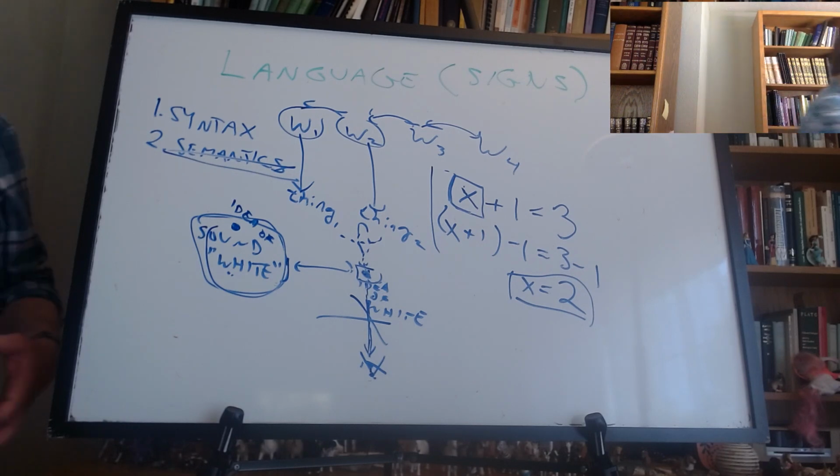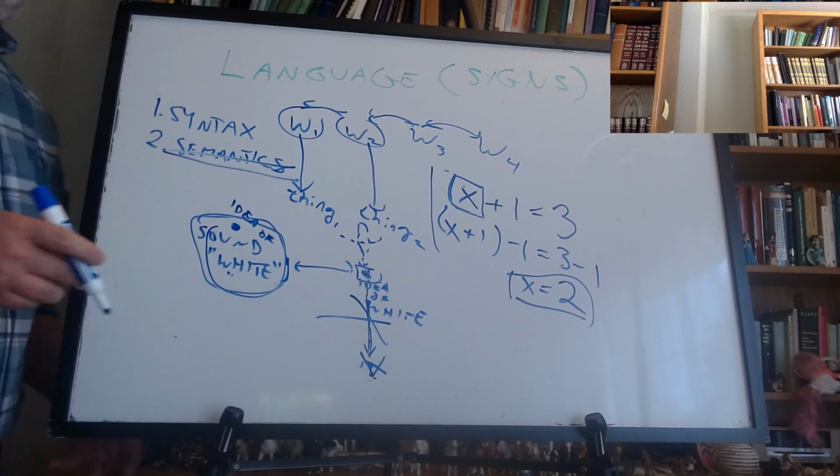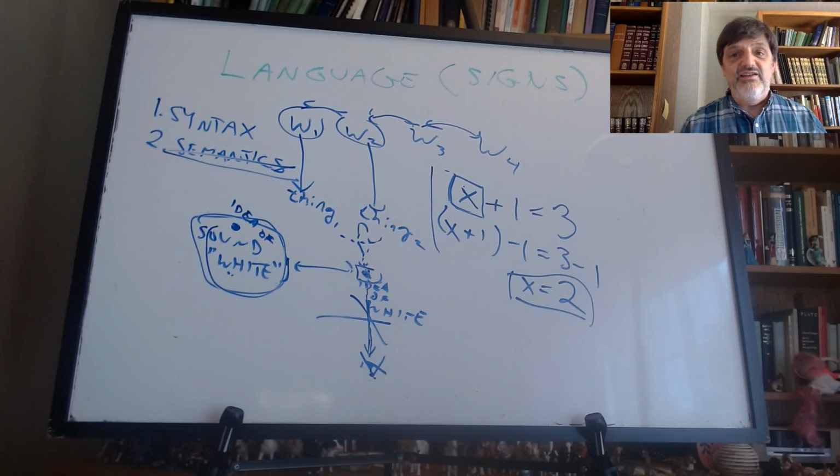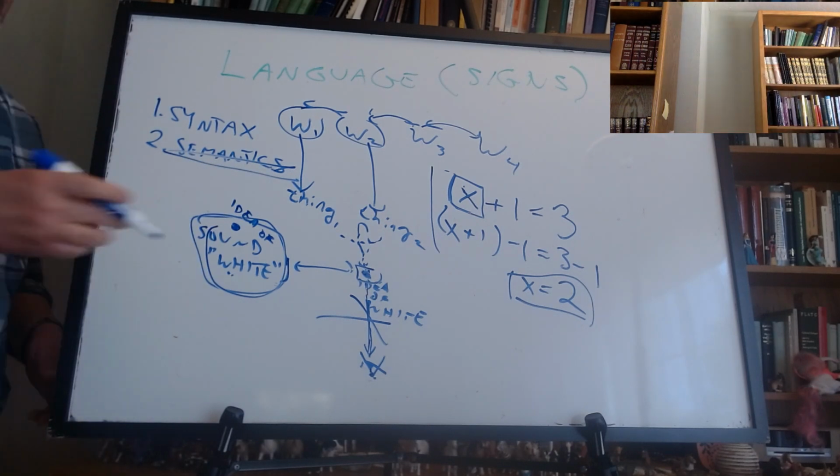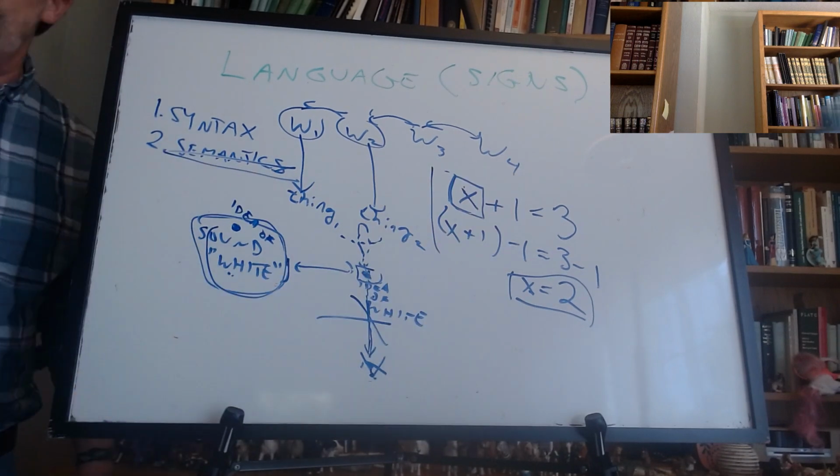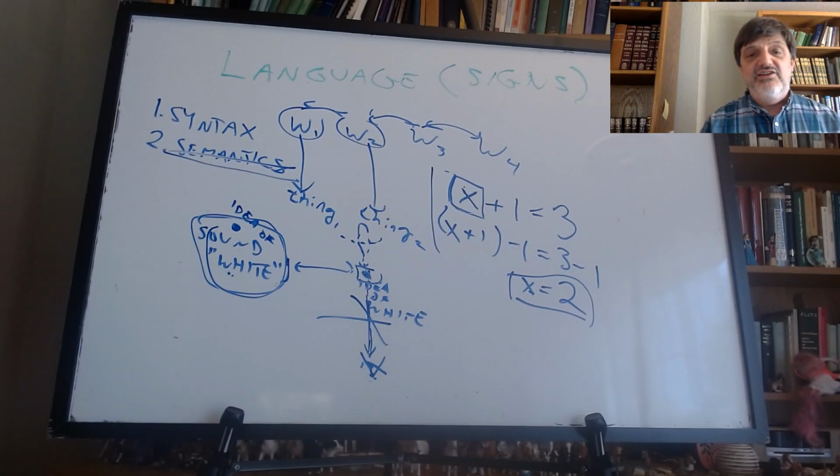The whole use of algebra is that I can do that without knowing, at every step, which number it is. I just know it's some number, and then I use these rules to manipulate the symbols.